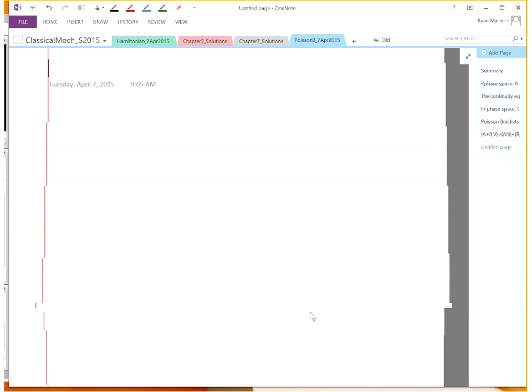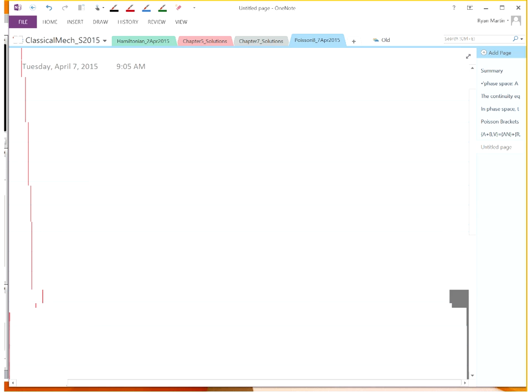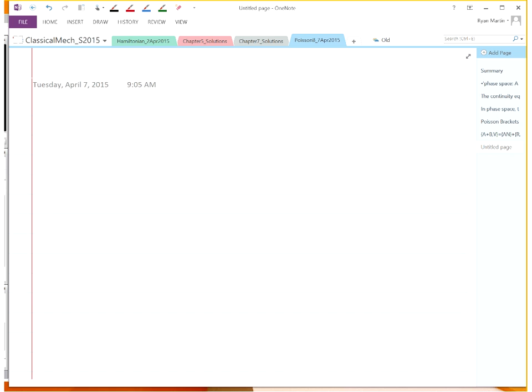Alright, so now let's see what we can do with these Poisson brackets. So the Poisson brackets, you take them between functions of the canonical variables. And canonical variables themselves are functions of the canonical variables. Right?